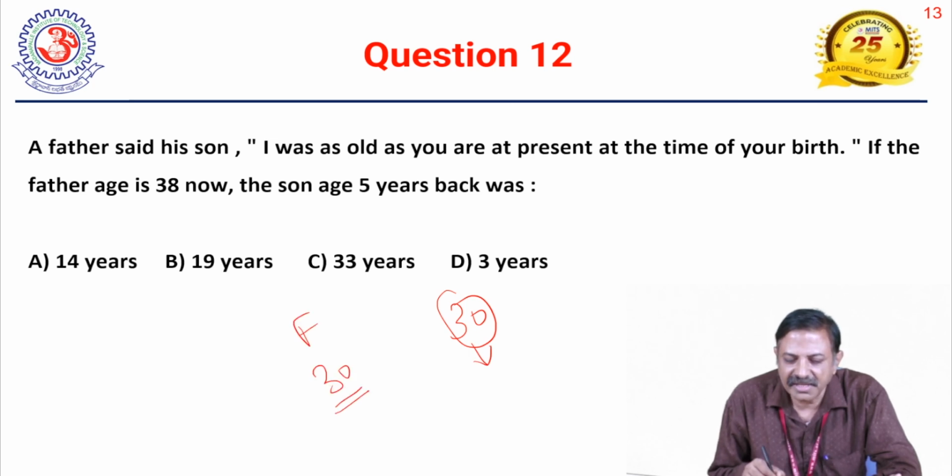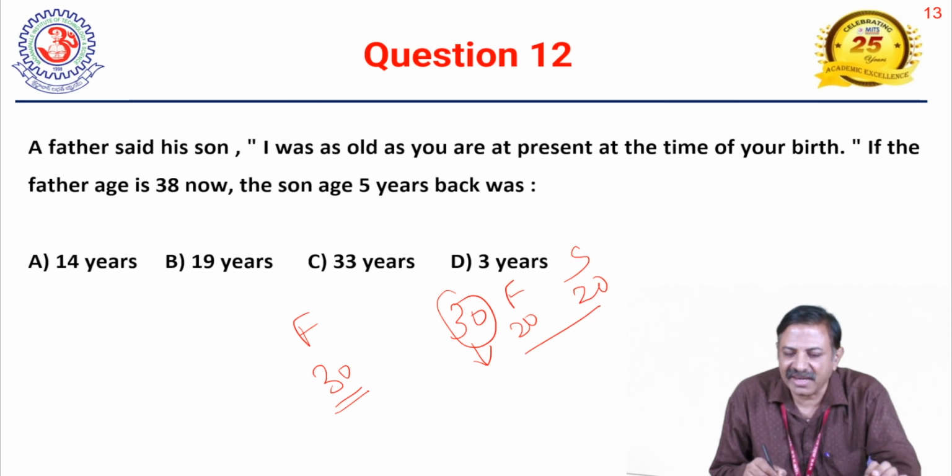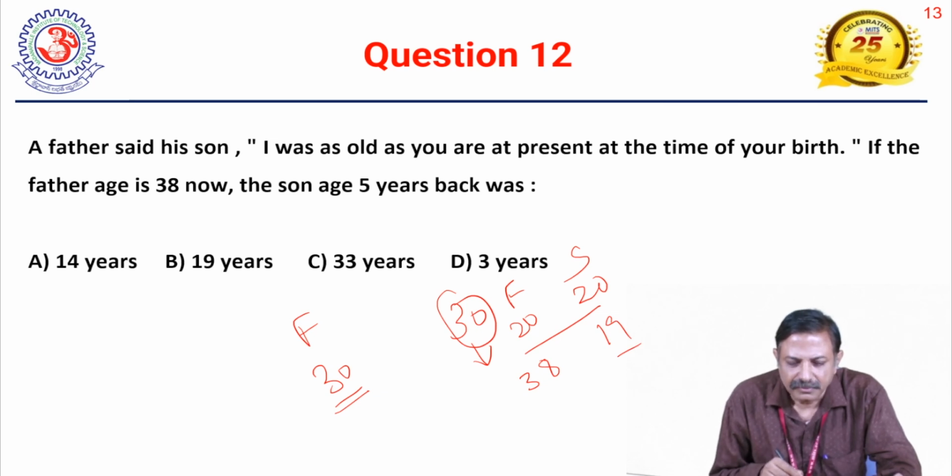That means, suppose the son is 20 years now. When the son was born, the father was 20. That is, I was as old as you are at present, at the time of your birth. If the father is 38 now, what will be the age of the son? It will definitely be 38 by 2, that is 19 years.